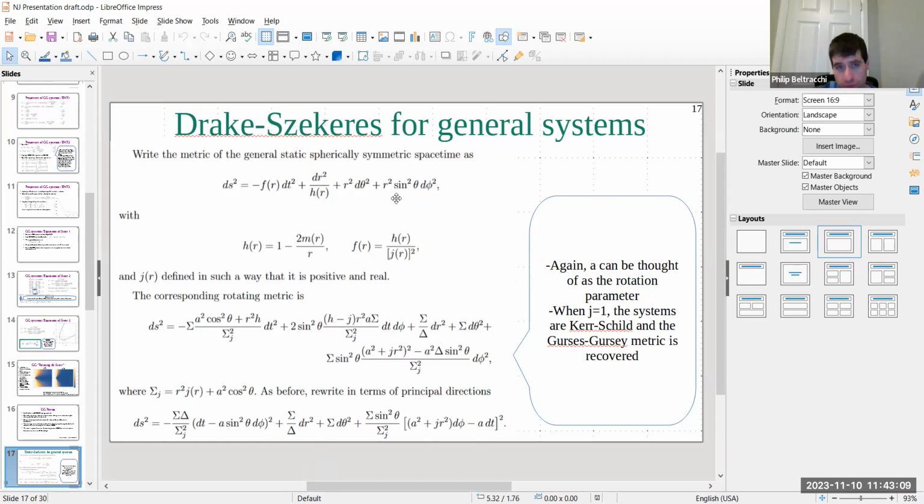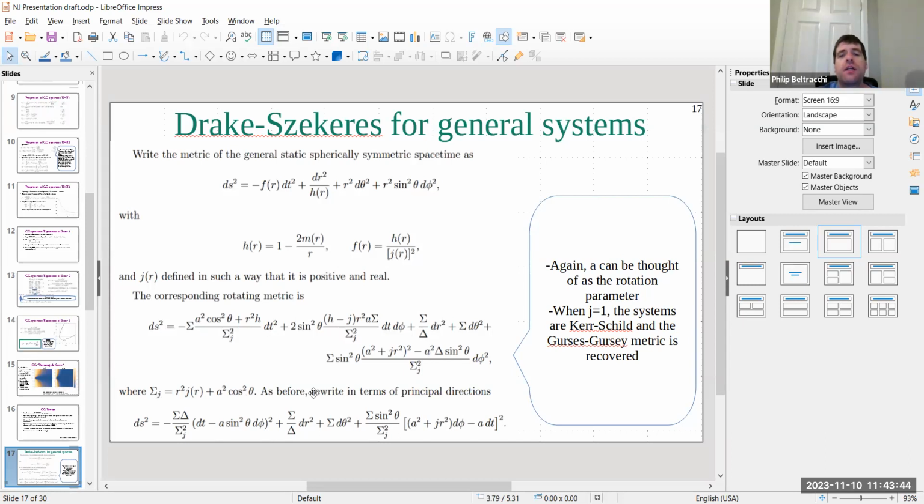So one way to write what they did is to use the following functions where h is in terms of the mass function m, f is h, and then there's this scaling function j. The corresponding rotating metric is written here. We are using a new shorthand, sigma j, which is similar to the last sigma shorthand, except now there's j in the r squared, and then we add a squared cosine squared.